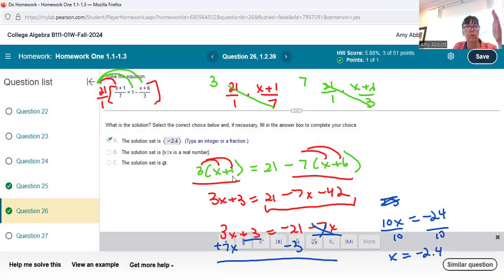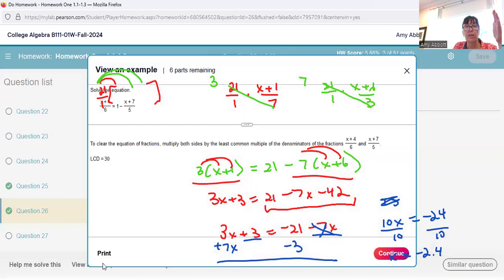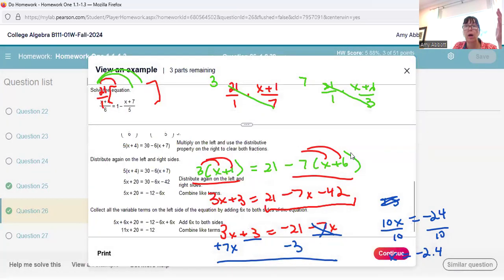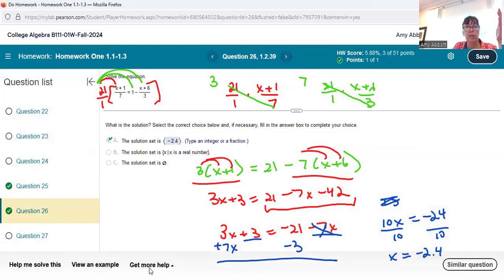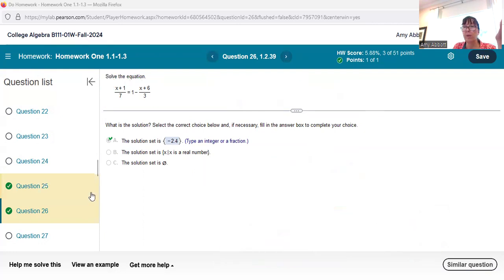Or you can do view an example, and it walks you through an example. Or you can have it show you the textbook, get more help. There's also a video down there, so you could have watched a video. There are several things to look at there to help you solve a problem when you don't understand it. It goes right to the textbook, to the problem that you're on.